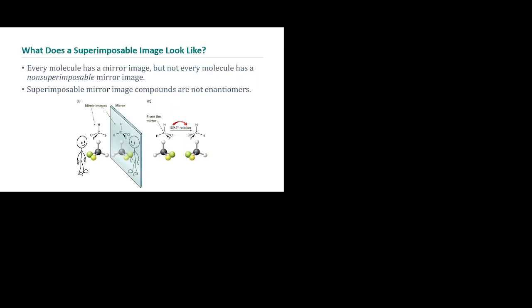You will notice that human beings actually have an enantiomeric structure. Okay? So, every molecule has a mirror image, but not every molecule has a non-superimposable mirror image. If you get something fairly simple, like for example this clip here, it's a mirror image on both sides, right?